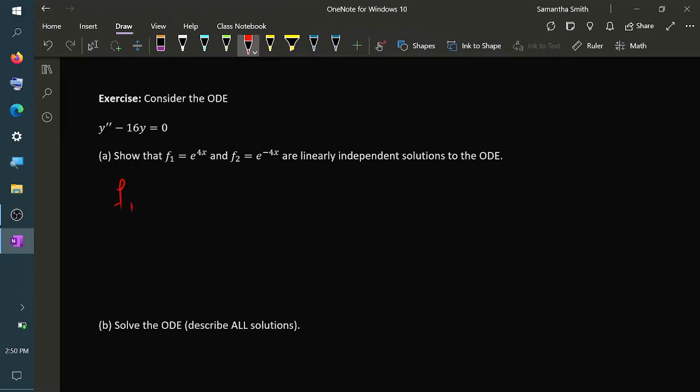So if I take f1 and take its second derivative, then it's 16 times what I had originally. Same thing is true for f2. Its second derivative is 16 times what it was originally. And therefore both of them are solutions to the given ODE.